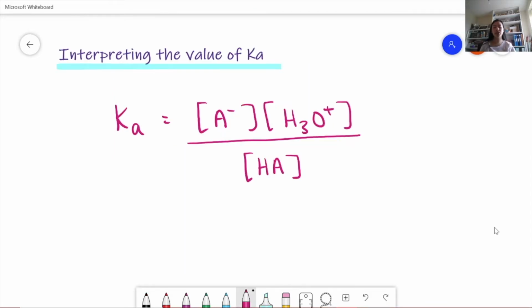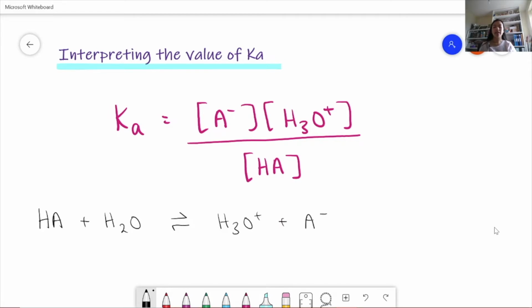So how do we interpret the value of the Ka? Well, if we think back to the formula of Ka, we've got the concentration of A minus multiplied by the concentration of H3O plus over the concentration of HA. So this is for the equation of adding HA with water to form this equilibrium where we have the H3O plus ions and A minus ions.